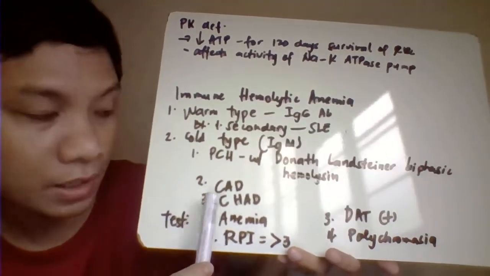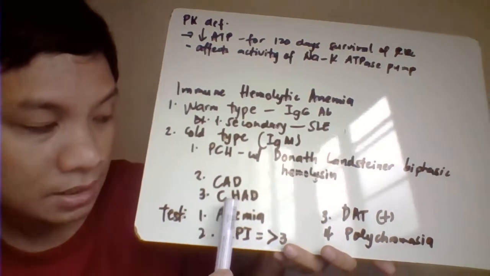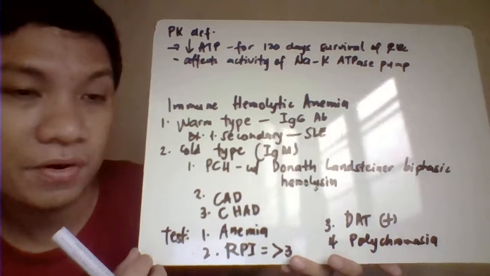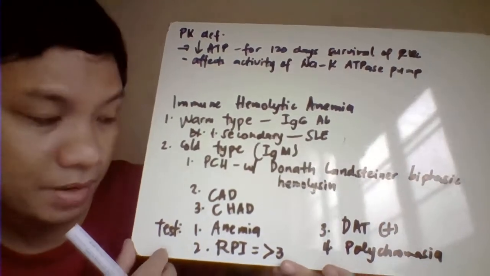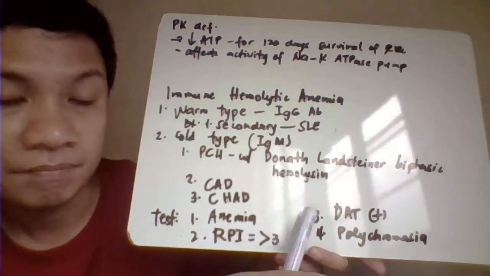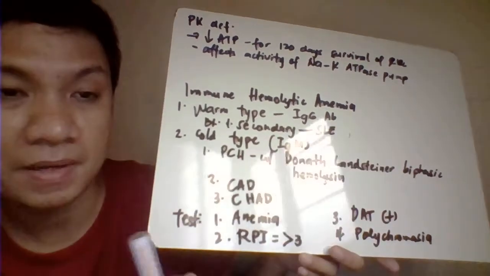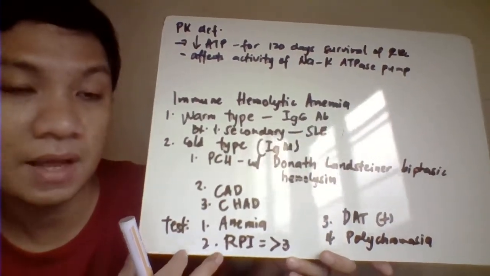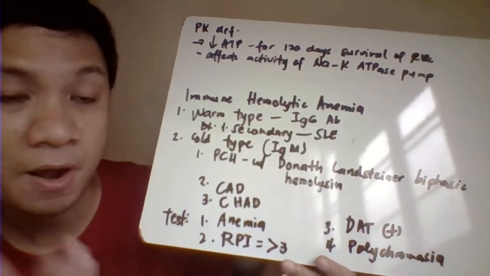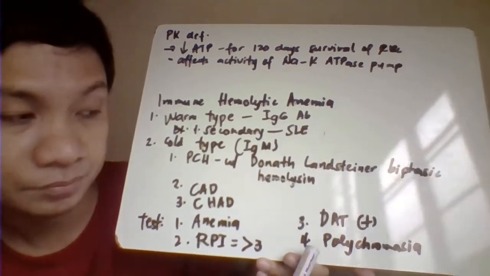Another one is called cold hemagglutinin disease. Diagnosis of immune hemolytic anemia would be characterized by a reticulocyte production index of more than 3. Always, if you are positive on the direct anti-globulin test, or the Coombs test, that would always be related to immune hemolytic anemia.